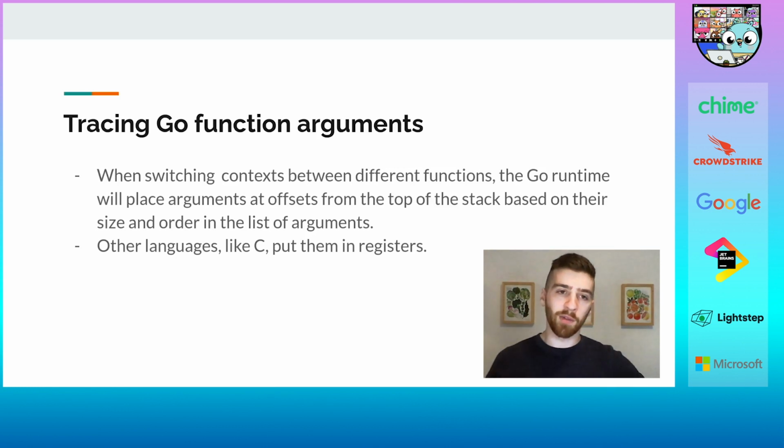So let's say you call a new function, passing in 2 arguments. C will put those arguments in certain registers, and then the assembly code of that function will reference those registers. Go does not do that. It puts them on the stack so that when you enter your new stack frame, the Go runtime is programmed in such a way to pull the arguments off of that.